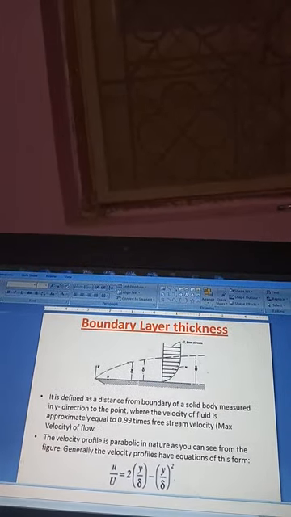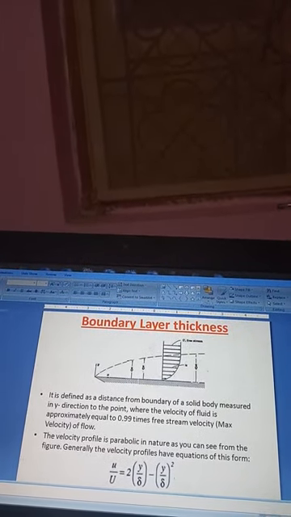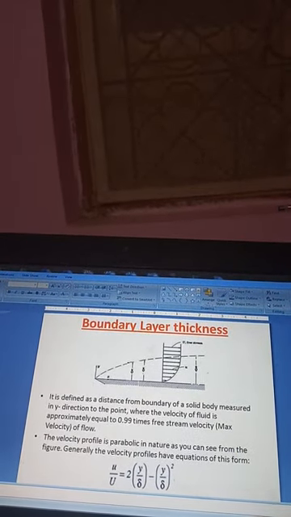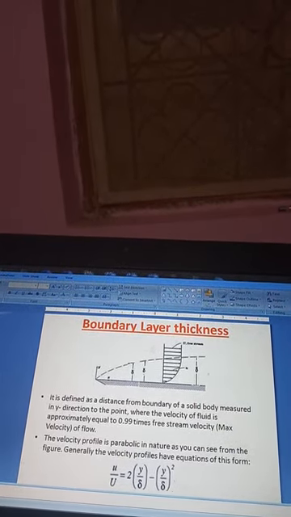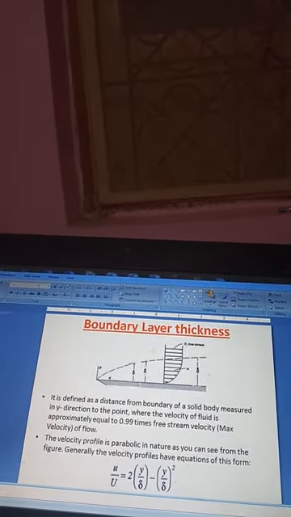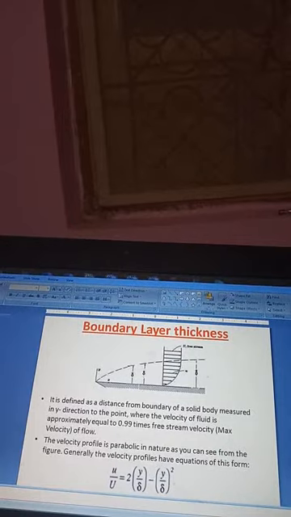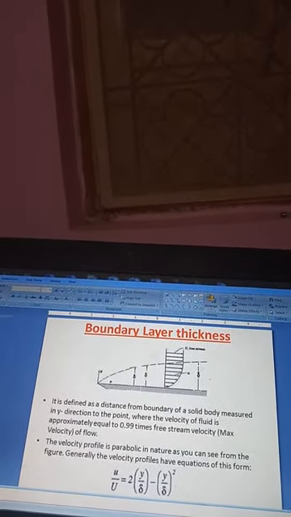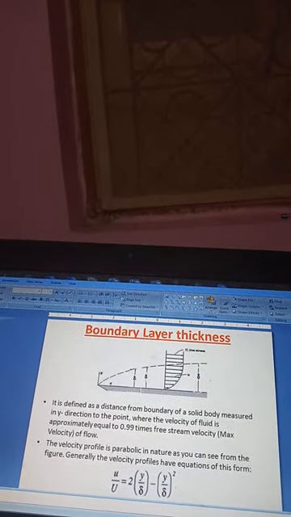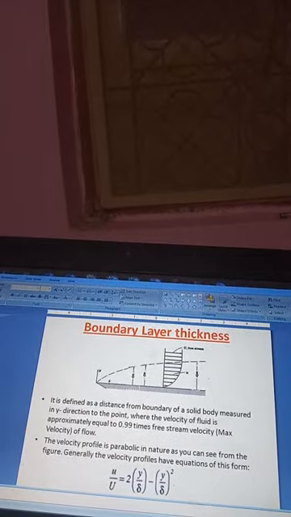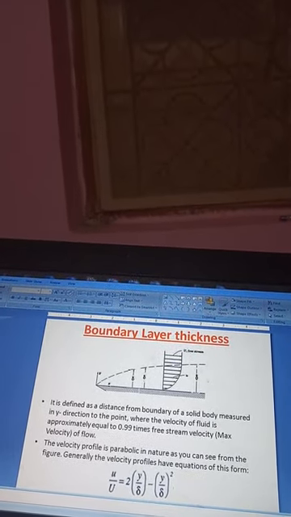That means delta is a function of x, and this delta is called the boundary layer thickness. By definition, it is the distance from the boundary of a solid body, measured in the y direction, to the point where the velocity of the fluid is approximately equal to 0.99 times the free stream velocity. That means near about equal to the maximum velocity of flow.